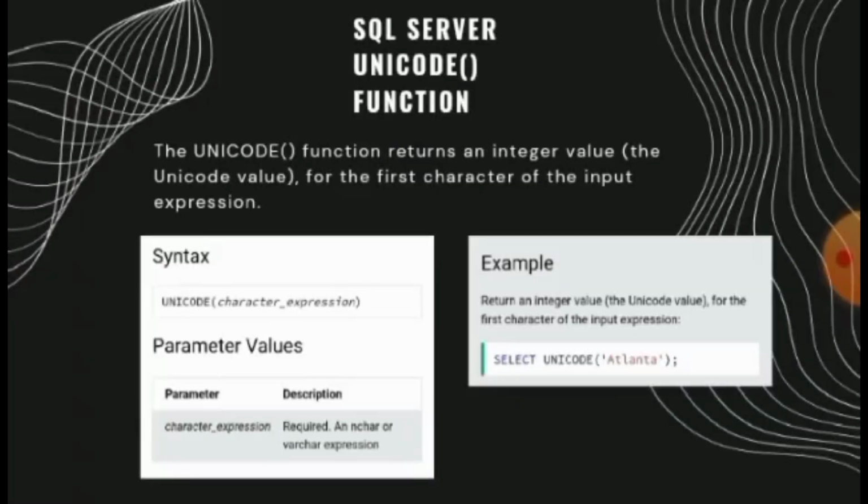SQL Server UNICODE function. The Unicode function returns an integer value for the first character of the input expression. Unicode uses two encoding forms, 8-bit and 16-bit, based on the data type of the data that is being encoded.